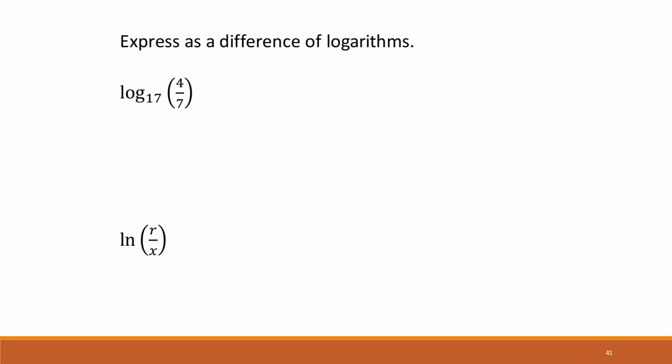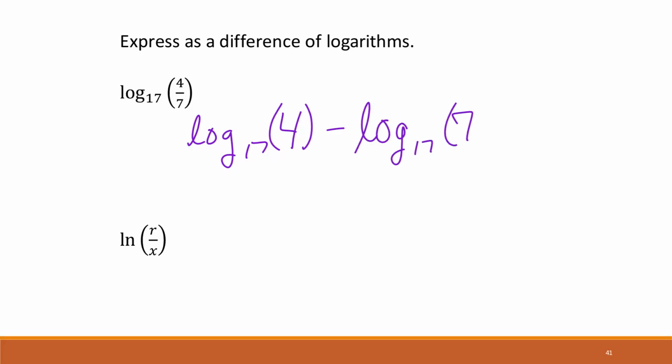So if I wanted to rewrite this one, I could write it as log base 17 of 4 minus log base 17 of 7. This one here would be ln of r minus ln of x.